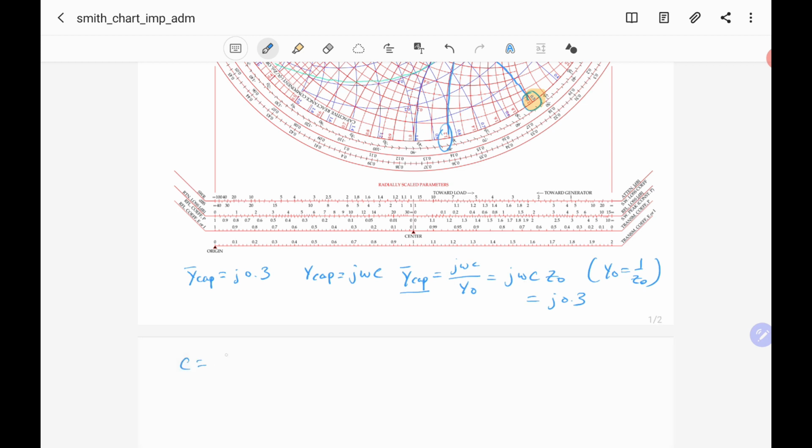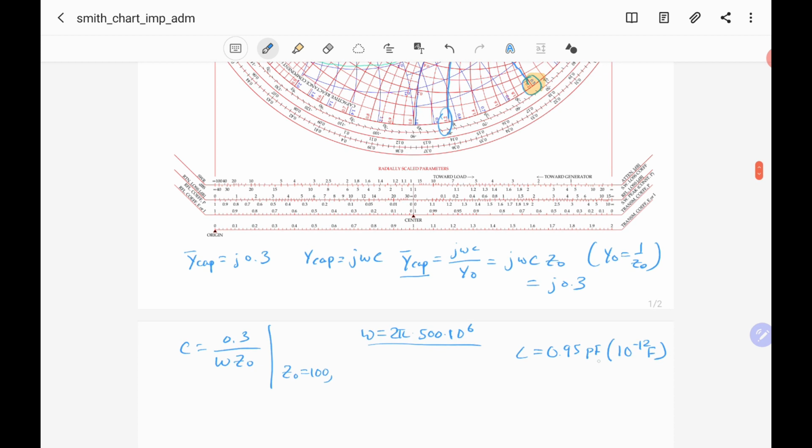So C can be 0.3 over omega Z0. Here Z0 is 100 ohm, omega is 2 pi times 500 times 10 to the 6. If we plug in the values, the capacitance is 0.95 picofarad. Pico means 10 to the minus 12 farad. So this is how we get this capacitance value.